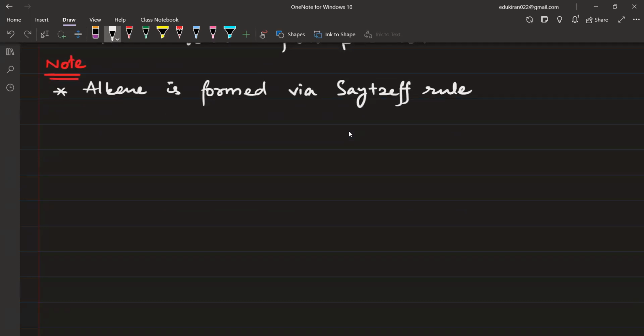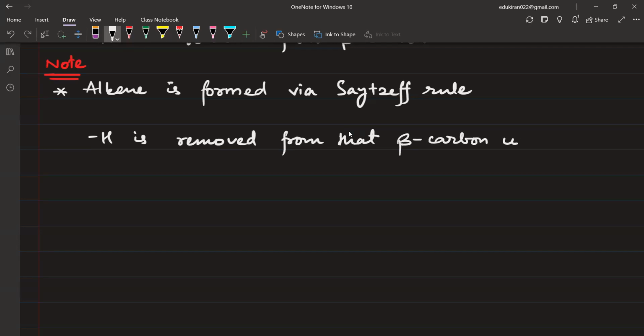One of the statements of the Saytzeff rule you can write as: hydrogen is removed from that beta carbon which has less number of hydrogen. All of you understood this? Yes or no? Please tell me.